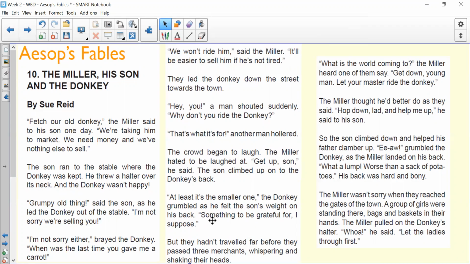"Hee-haw," grumbled the donkey as the miller landed on his back. "What a lump! Worse than a sack of potatoes." His back was hard and bony. The miller wasn't sorry when they reached the gates of the town. A group of girls were standing there, bags and baskets in their hands. The miller pulled on the donkey's halter. "Whoa," he said. "Let the ladies through first."